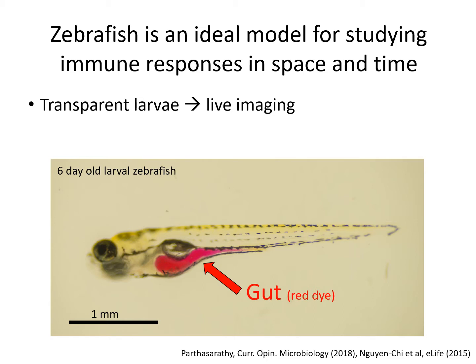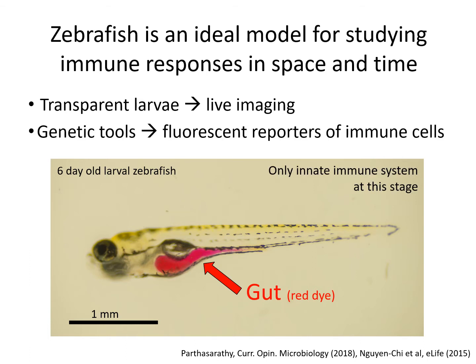So this allows us to do live imaging studies where we can go in and directly observe immune cells and bacteria within the intestines of live animals. In addition, there's an increasing number of genetic tools available to this model organism. So this allows us to do things like get zebrafish that have fluorescent markers of various immune cells and reporters of gene expression. And it's important to note that zebrafish, being vertebrates, have immune systems that look very similar to the human immune system, with all the major cell types conserved in both the innate and adaptive compartments.